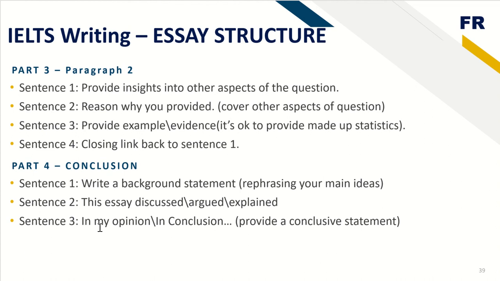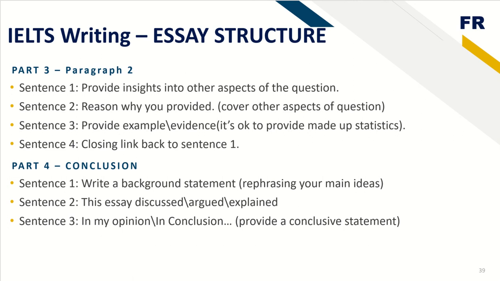And in sentence 3, you start with the words, in my opinion, or in conclusion. In conclusion is generally better because the examiner is notified that this person is going to conclude the essay. So, in conclusion, and then you go on writing whatever you think is next.